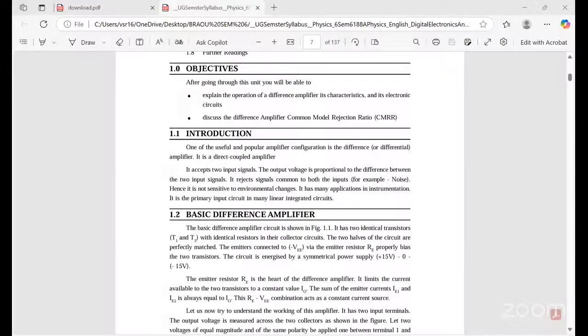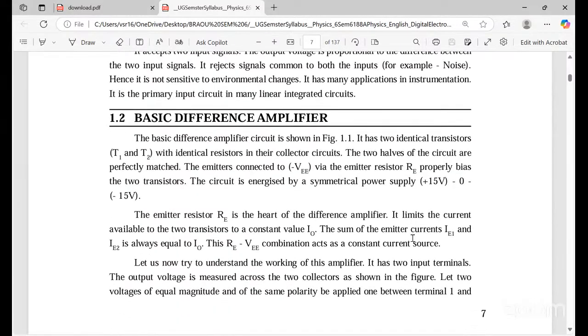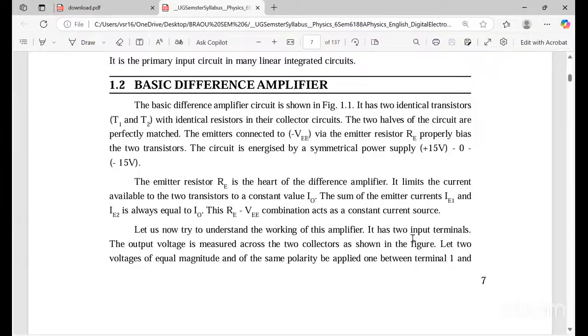So let us discuss the basic differential amp. Okay. This is in our syllabus, and we are also discussing it from the textbook. The differential amplifier consists of two identical transistors T1 and T2.